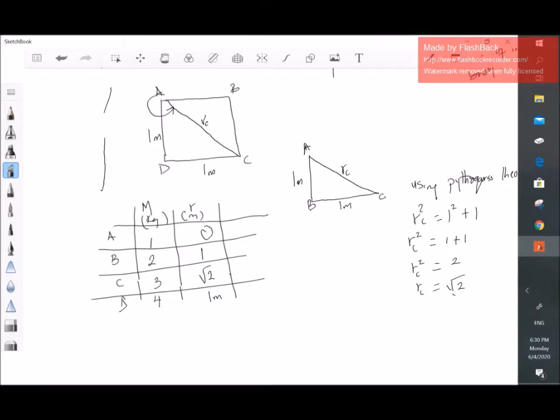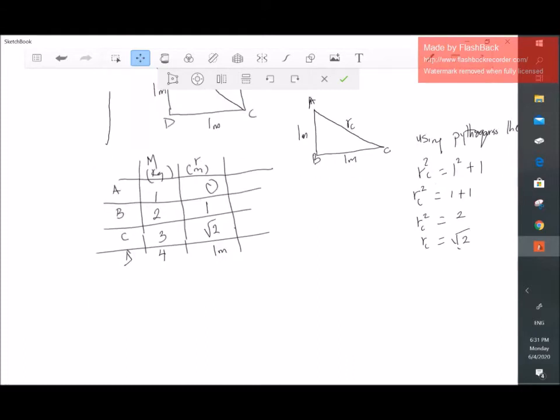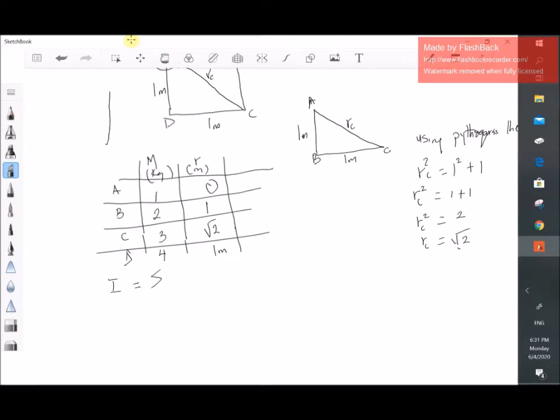Now we input these values into the formula. So what was the formula? The formula is moment of inertia is equal to summation of the masses times the radius squared.